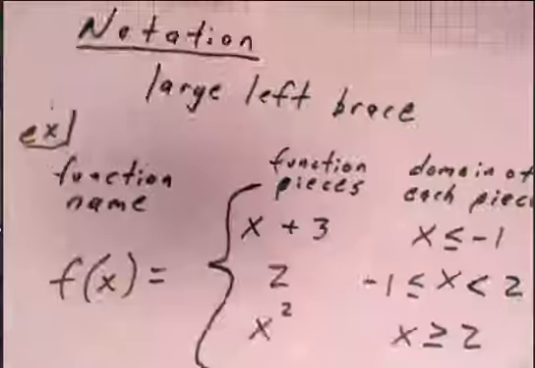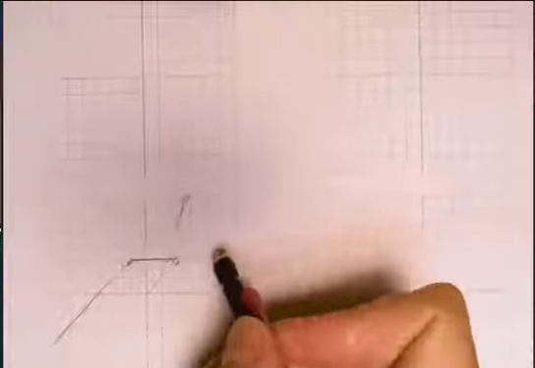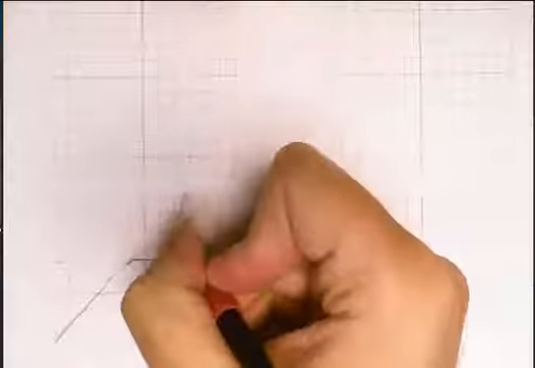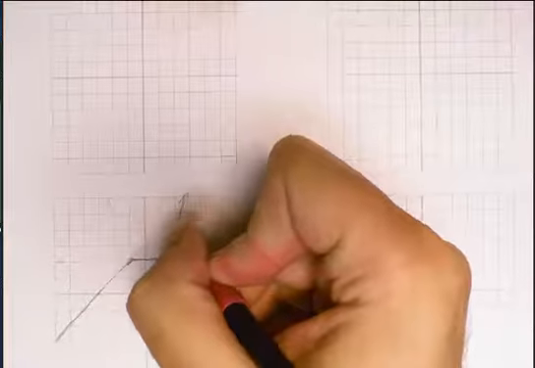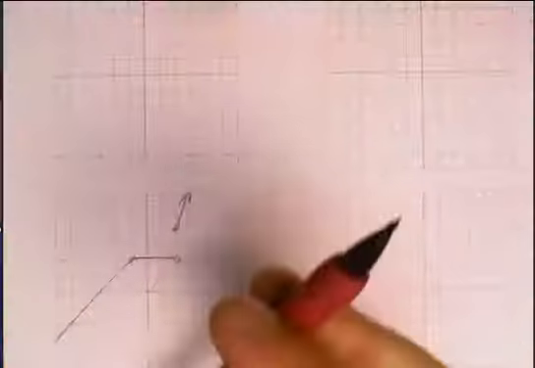But again, this is why I use pencil, because it's only for x's greater than or equal to 2. So I'm going to erase all this, and that's obviously why I didn't draw it very dark. It's because I knew I was going to have to erase. It's only for x's greater than or equal to 2, so I fill in this mark and then continue it this way and put an arrow because it just keeps going forever.